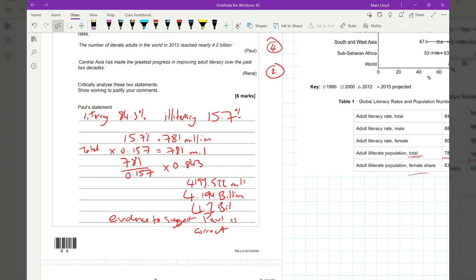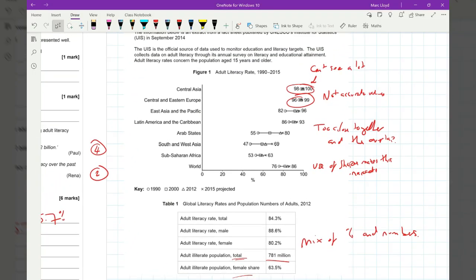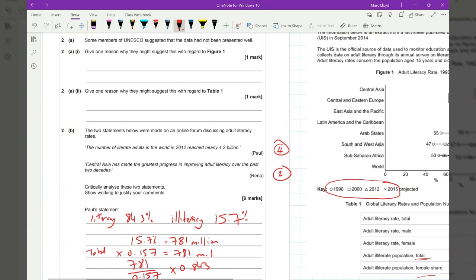Central Asia has made the greatest progress in improving adult literacy over the past 2 decades. Now, the first thing I see is, in the key, there are no data points that are 20 years apart. So actually, we can't really calculate this.